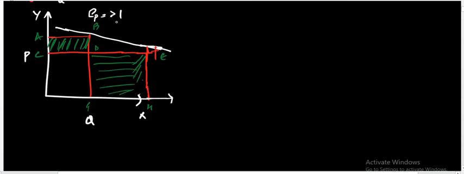So in this case, the elasticity of price is greater than 1, as the change in quantity demanded is greater than the change in price. In this scenario, the elasticity of price is going to be greater than 1. If I extend this curve, on extension it is going to cut the price axis.